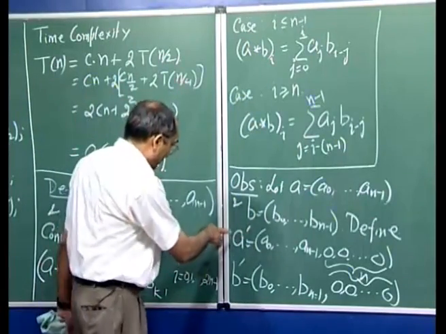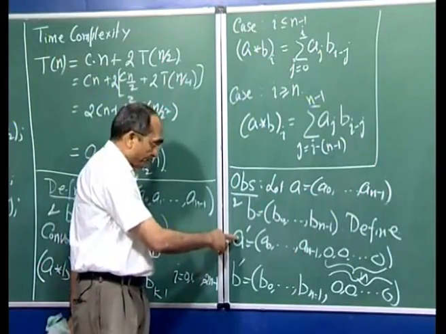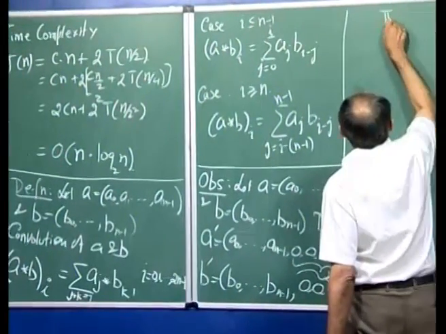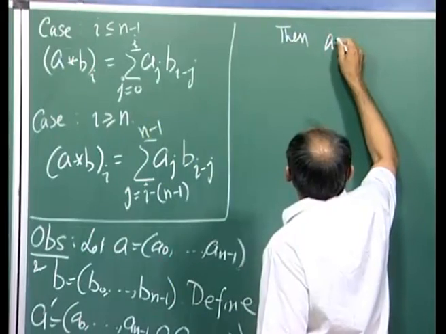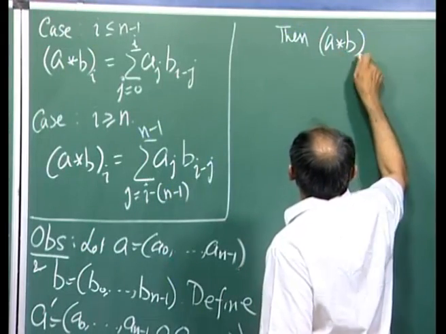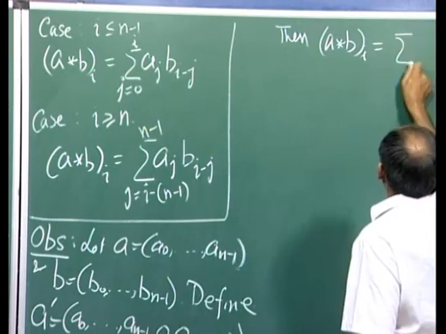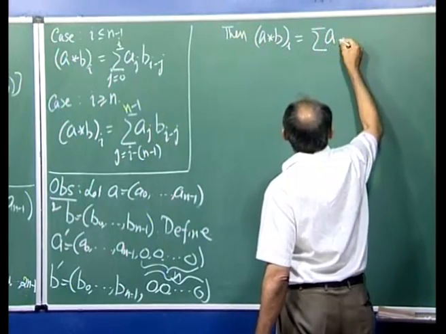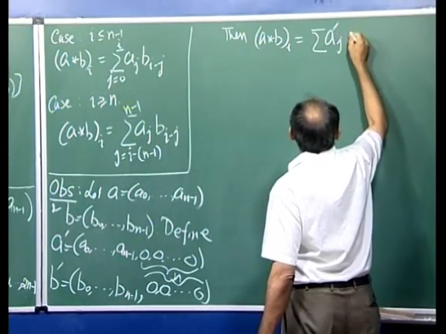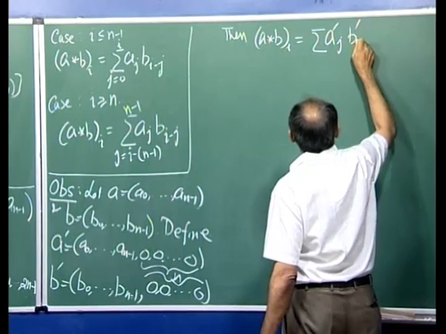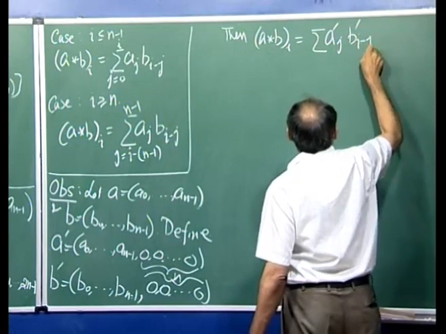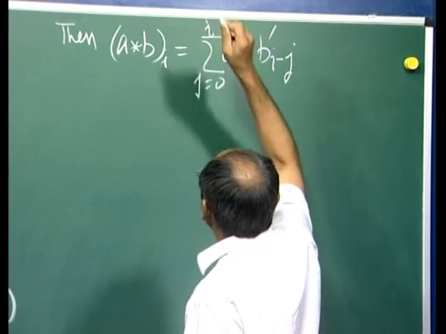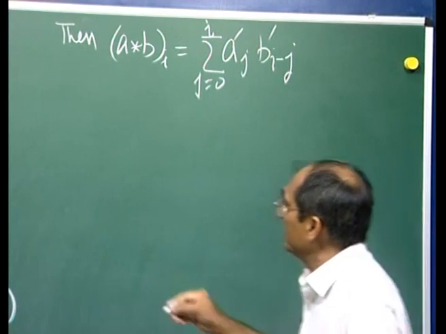So, we have defined these extended vectors of size 2n. Then (A star B), the ith component, is sum of A prime j, B prime i minus j, and j goes from 0 to i. Let us verify this.